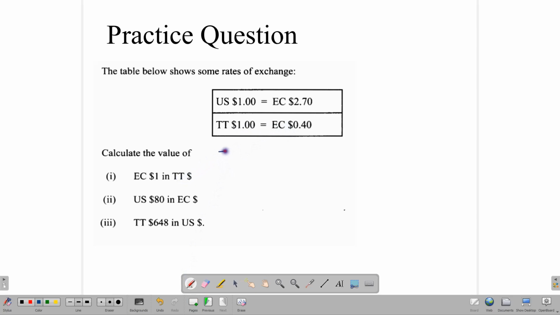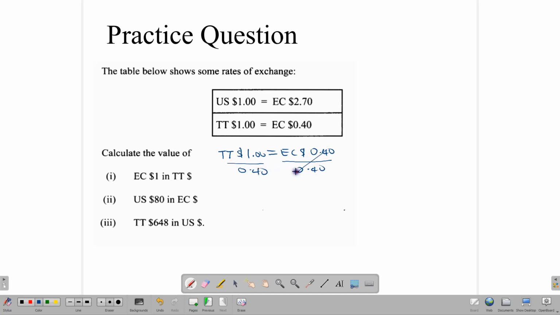Now, if you exchange 1 Trinidad dollar to EC dollar, then what you get is 40 cents. So if you want 1 EC dollar, then let's divide this by 0.40, which is 40 cents.